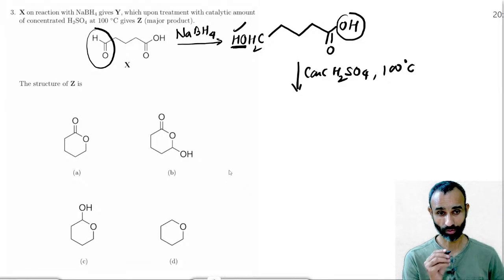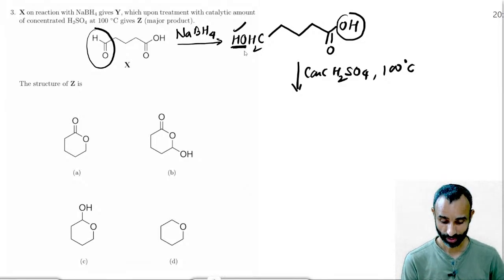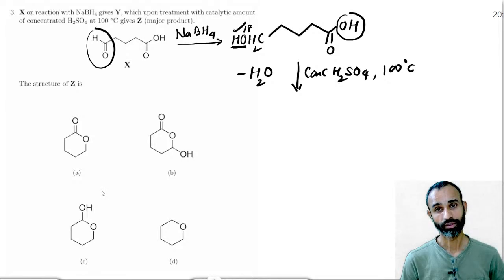Sometimes the question may be like this: this is given and it is O18. There is a removal of water. So is O18 in the water or in the ester?